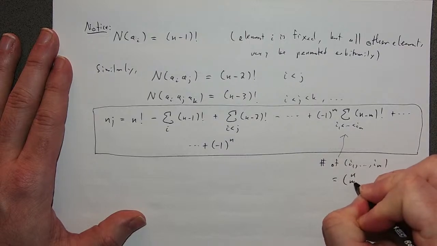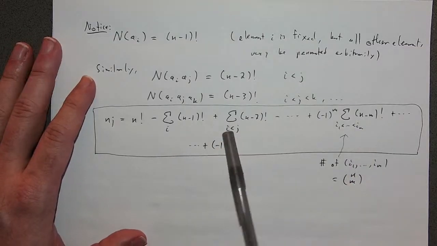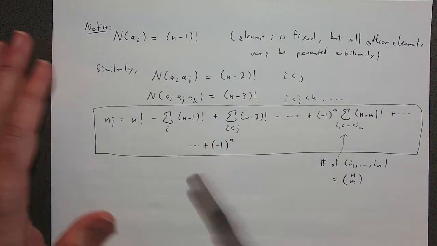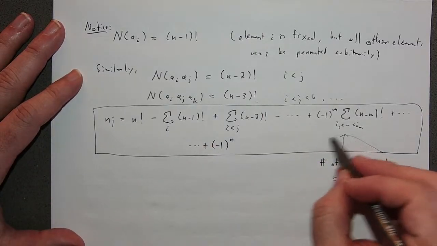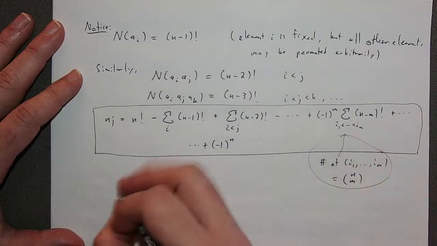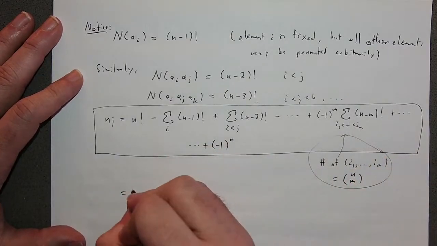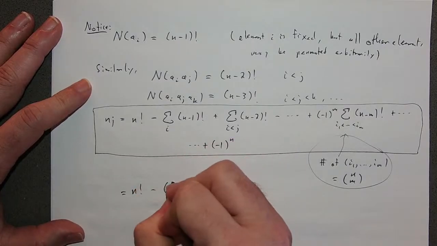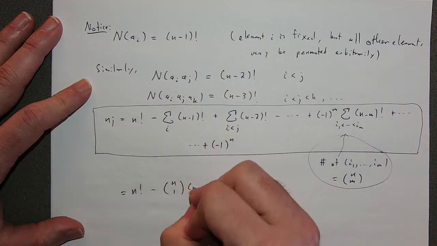This is just n choose m. And so, in each of these terms, we actually know exactly how the sum goes, right? So remember, this is just this single coefficient in this sum. So this is n factorial minus n choose 1 times n minus 1 factorial.